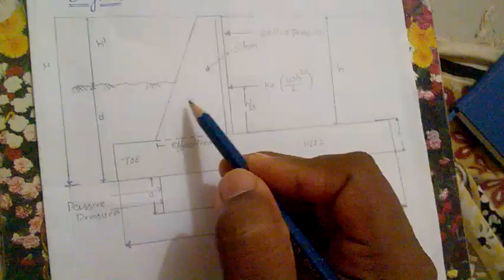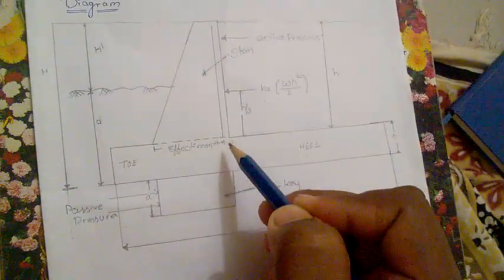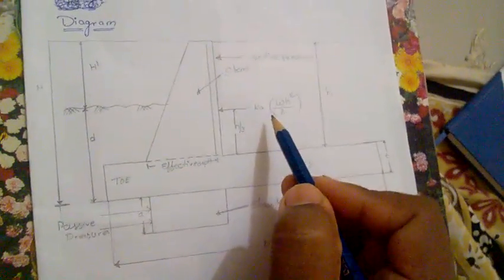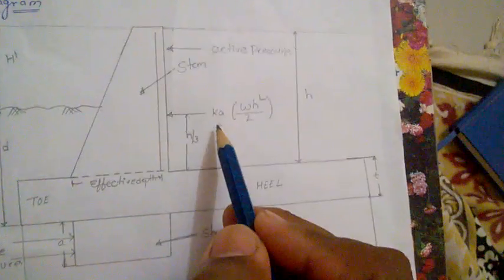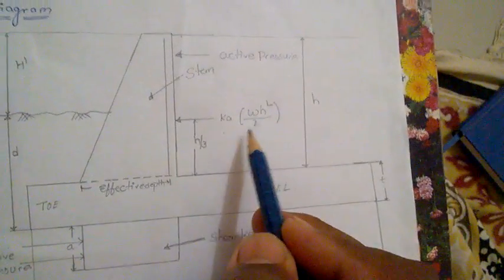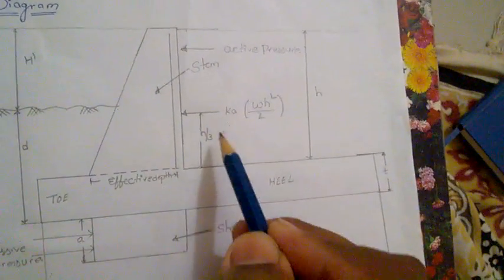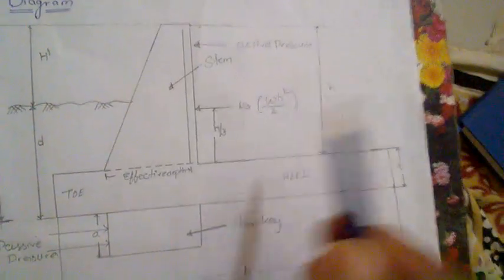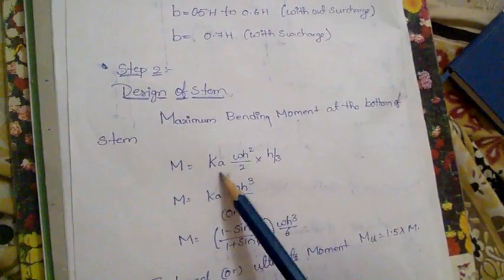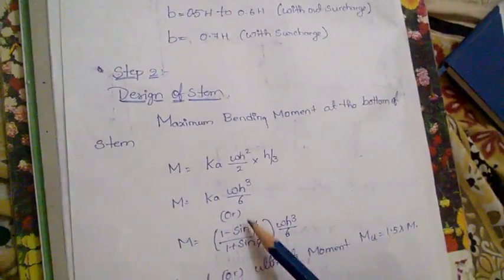Ka into this bottom. What is meant by Ka? You know the Ka formula, Ka into WH square by 2 into h by 3. This is the distance, height. Moment is equal to load into distance, Ka into h by 3. We have got this formula by this.